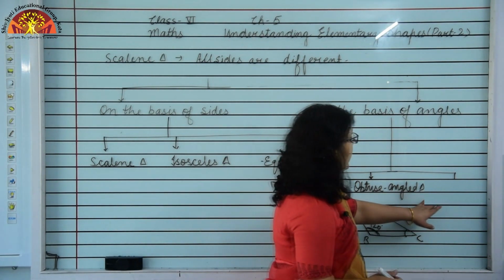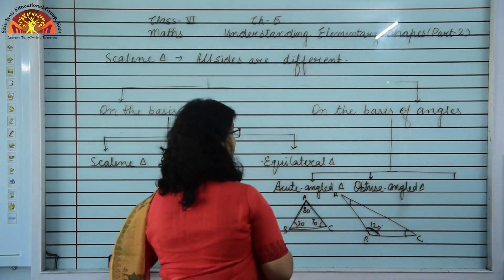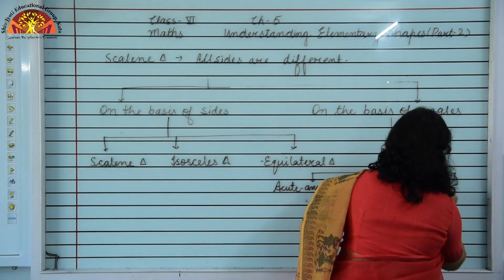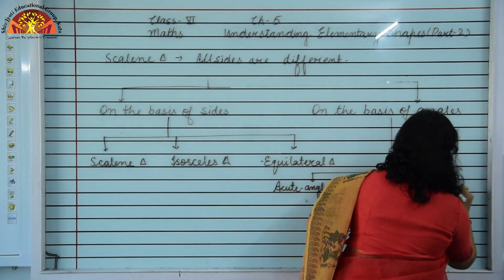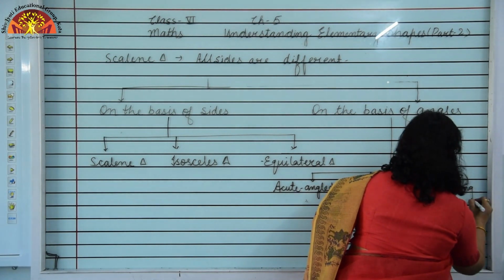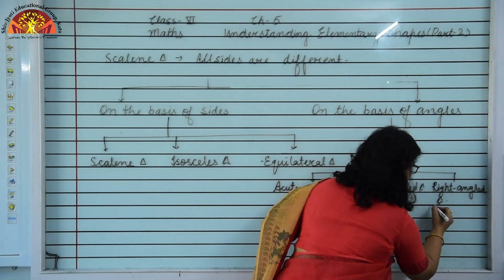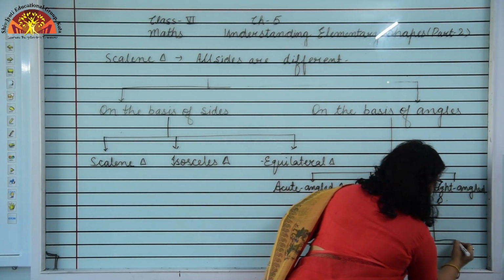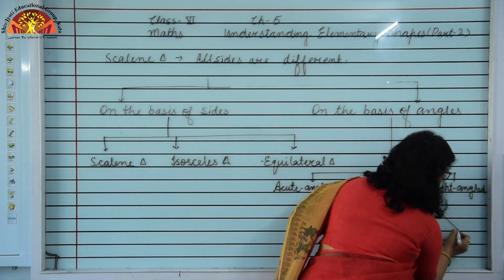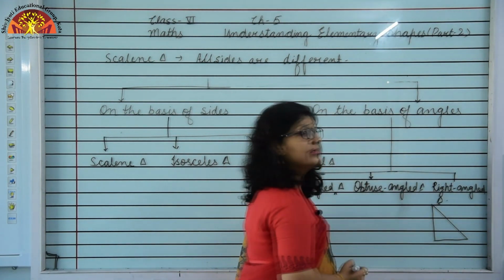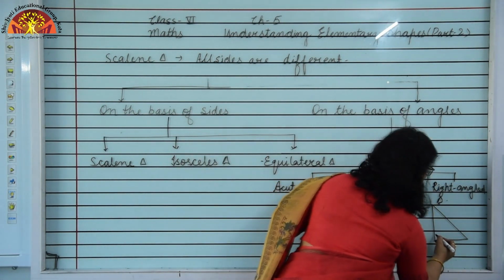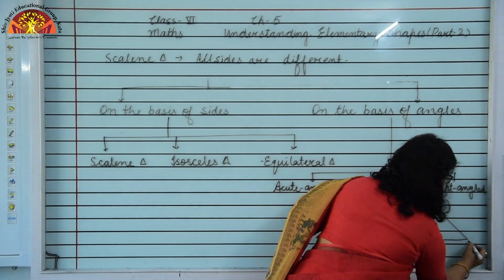Understood? And the third is the right angled triangle. In a right angle triangle we have only one angle as a right angle and the remaining 2 angles are acute. So this is called a right angle triangle.